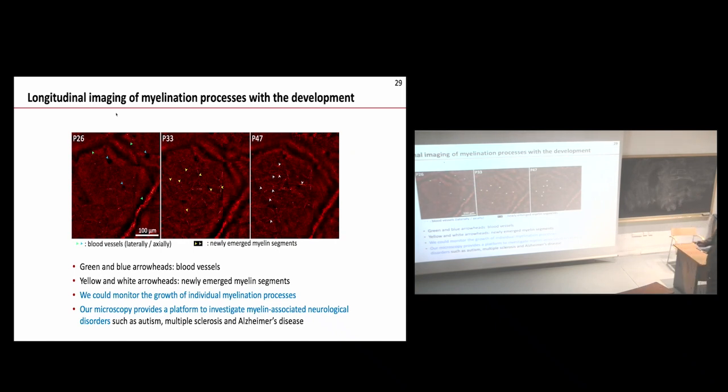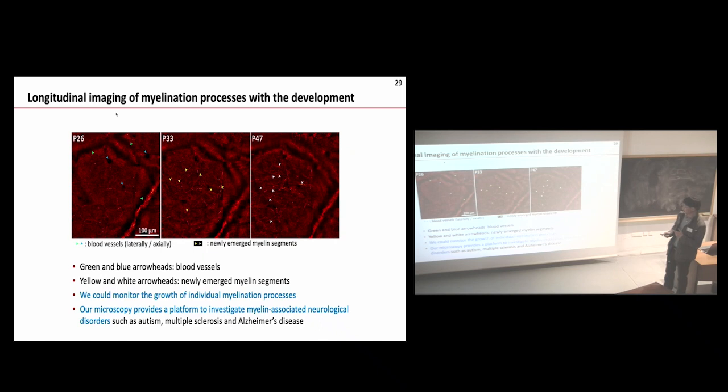We did longitudinal imaging. So for the same mouse, at 26 days postnatal, and 33 and 47, we kept observing the same area under the skull, and you could observe the enrichment of the myelinated axons.